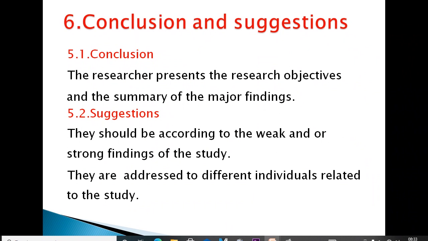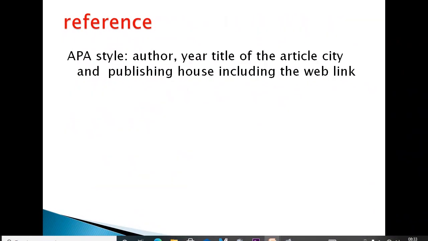Then suggestions should be according to the weak or strong findings of the study, and they are addressed to different individuals related to the study.